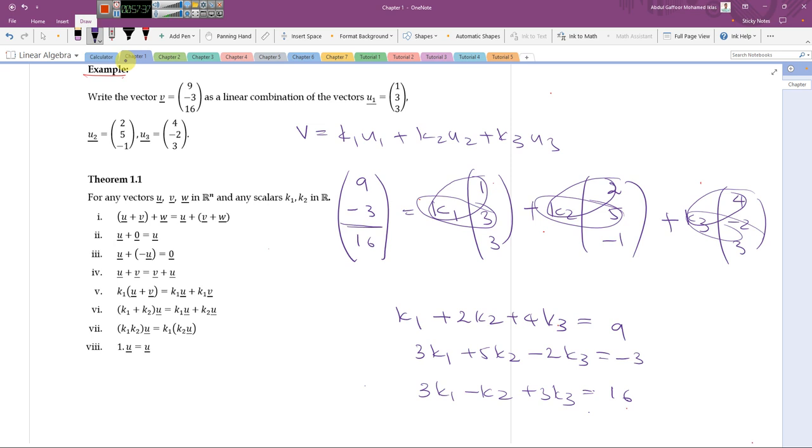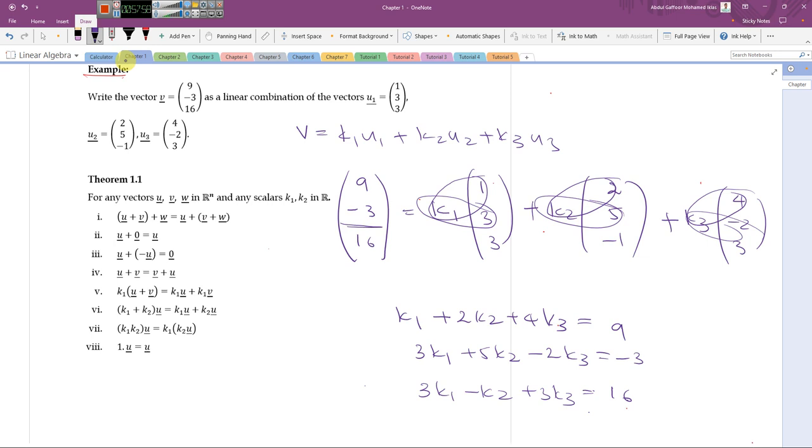Have I made any mistake? Before that, let me check. The right side is 9, -3, 16, with k1 times (1, 3, 3), k2 times (2, 5, -1), k3 times (4, -2, 3).